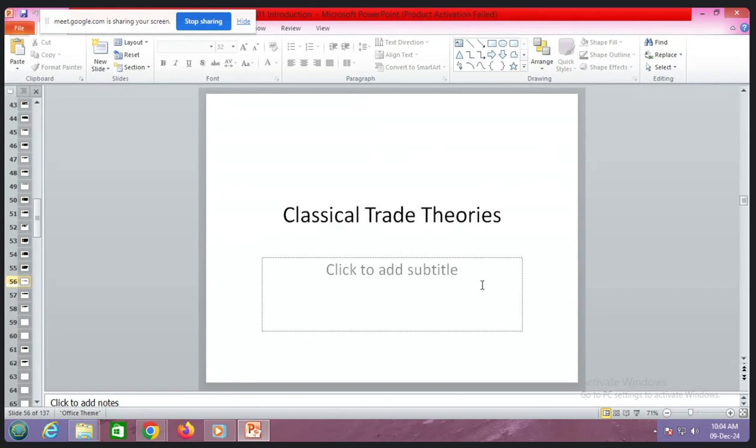Before I start this, let me just summarize what I did in the last 1.5 lectures. I gave you an introduction about globalization, the trade-offs in globalization, and then I tried to give you an understanding about why international trade is so significant to the world. I gave you an overview of the trade statistics to show the interrelationship between different countries.